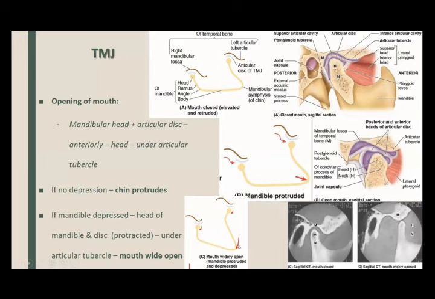Okay, so position वही है कि the head of the mandible along with the disc is lying under the articular tubercle. सो एक ये position है जिसमें depression of the mandible involved नहीं है, इसमें simple mandible की protrusion है, और दूसरी सूरत में depression of the mandible involved है, that is wide opening of the mouth.